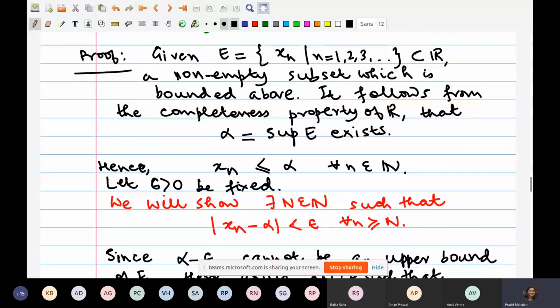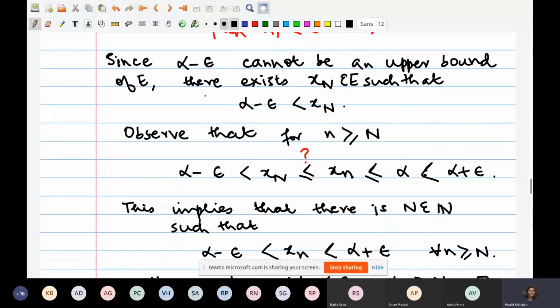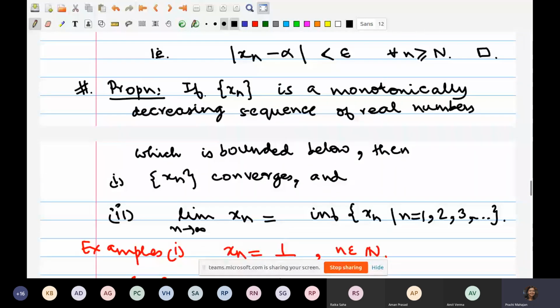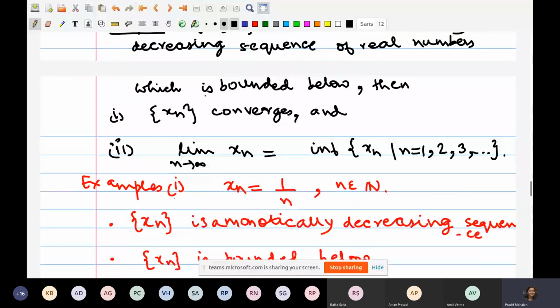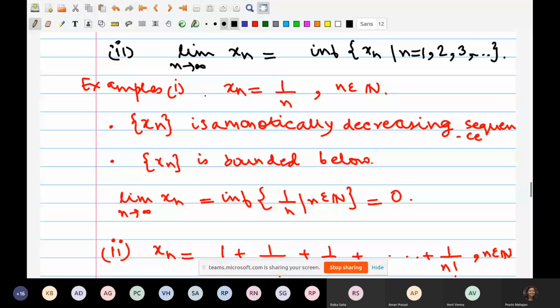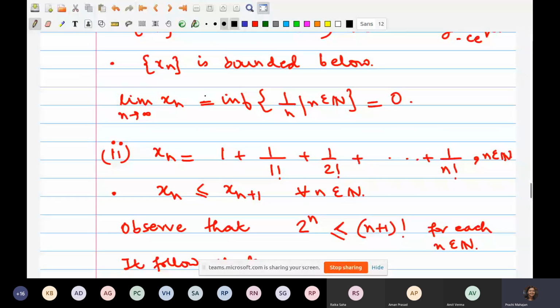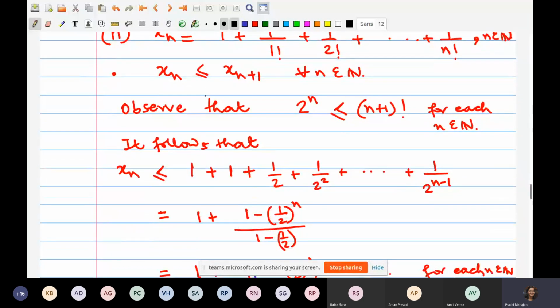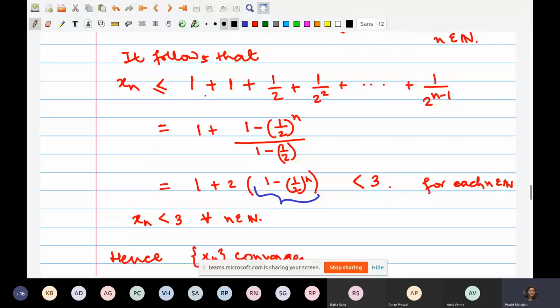We provided a proof of this result, and we stated an analogous statement for monotonically decreasing sequences, and we saw a very simple example, the sequence 1 by n. The second example was 1 plus 1 by factorial 1 plus 1 by factorial 2 and so on. We applied the monotone convergence theorem to conclude that the sequence xn converges.